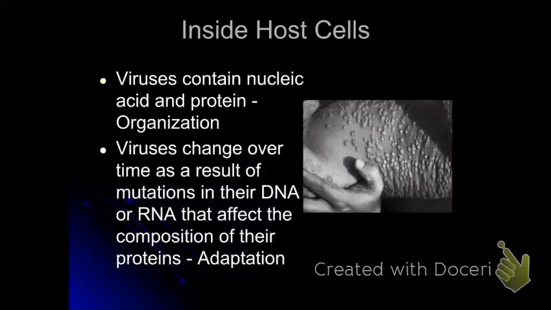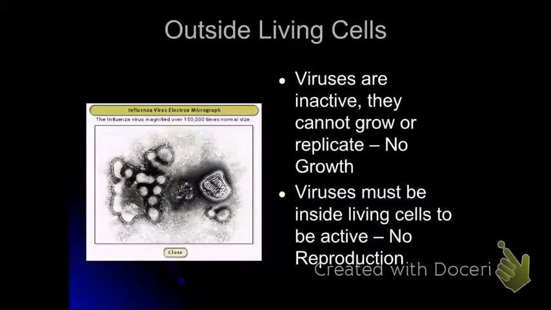But they cannot grow or replicate on their own, so I would say that counts for both growth and development and also for reproduction. And they also have no metabolism, and I think that the non-living factors definitely outweigh the living factors.